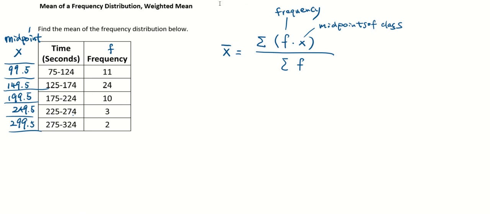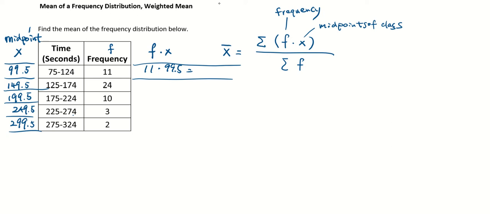First, let's find each f times x. The first one will be 11 times 99.5, whatever that is.